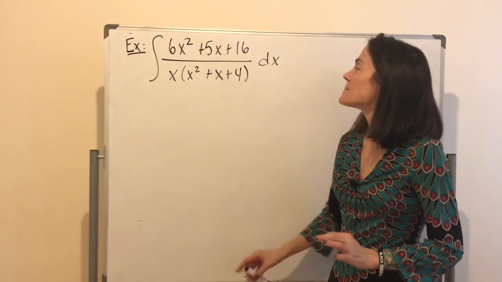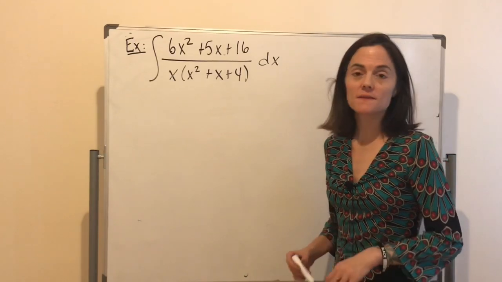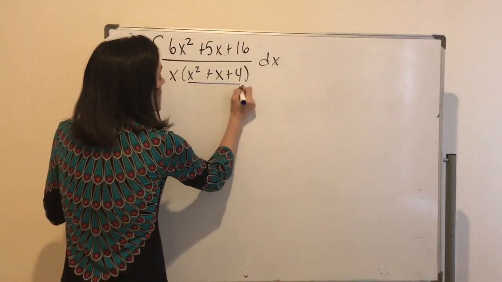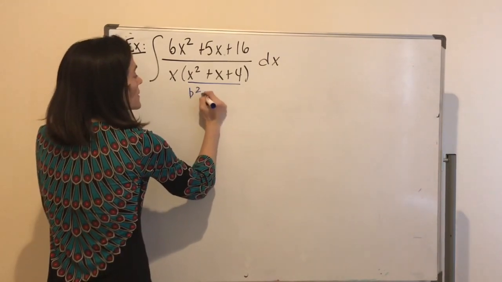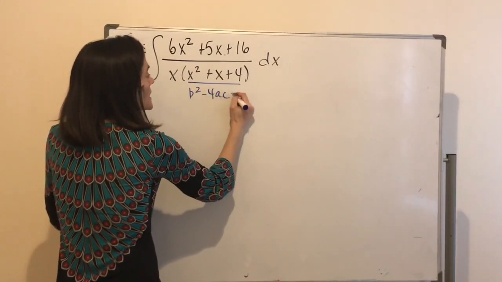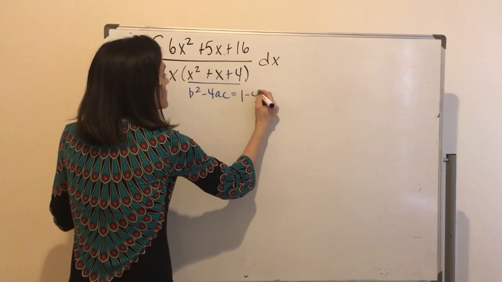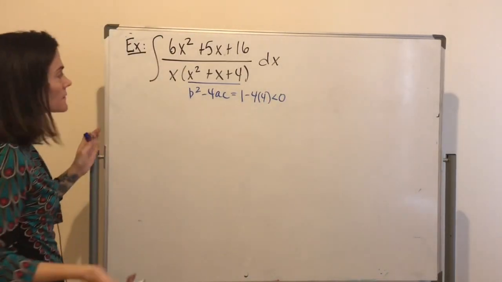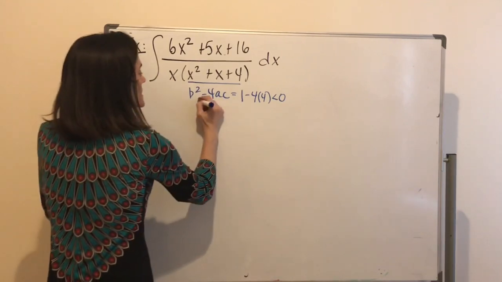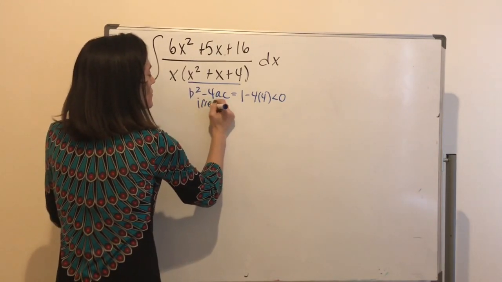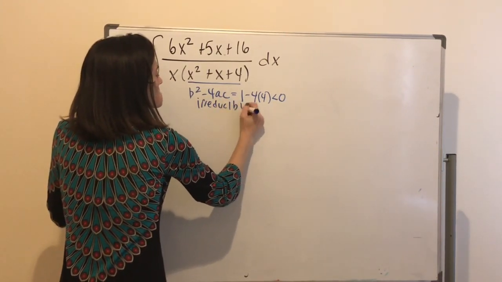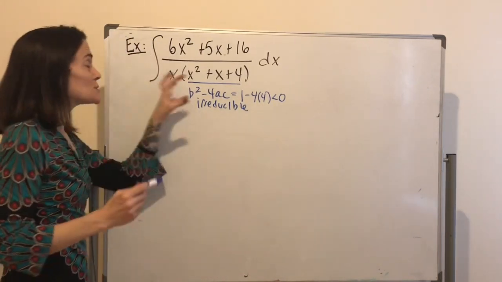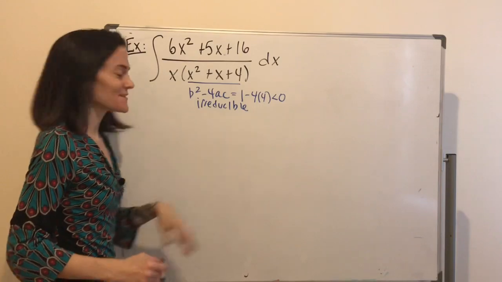Now, you might think that you still have some factoring to do, but if you look here at this term, b squared minus 4ac is 1 minus 4 times 4, which is negative. Well, it's negative 15, okay? So what this says is that this is irreducible. And this is our first example, at least so far, of having an irreducible quadratic term in our partial fractions.